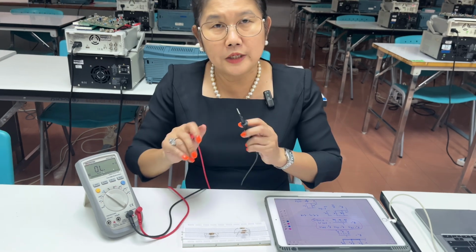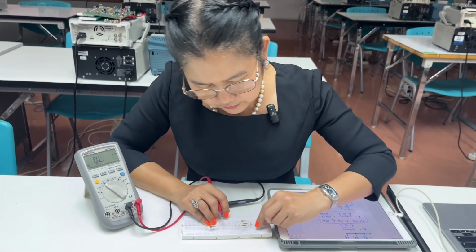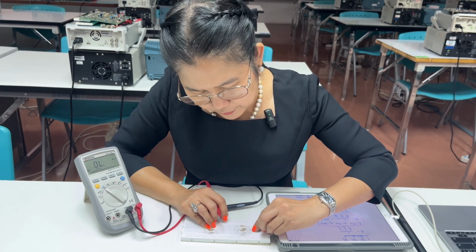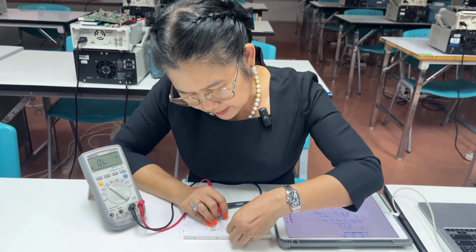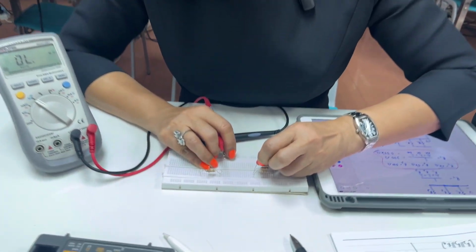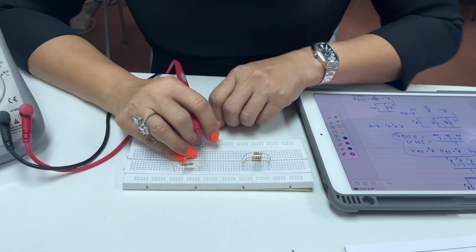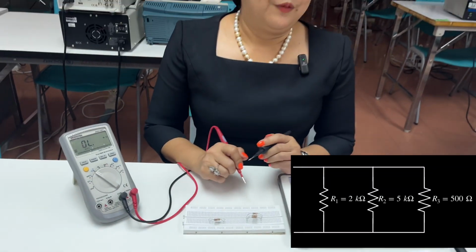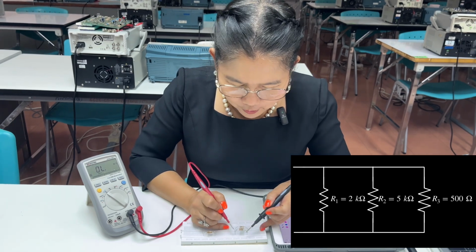So now I'm going to put the 3 of them in parallel. Therefore, one node of each has to be in the same position, and the other end also. So I'm going to move them such that they are connected in parallel. Now I'm going to put the probe across the first one.